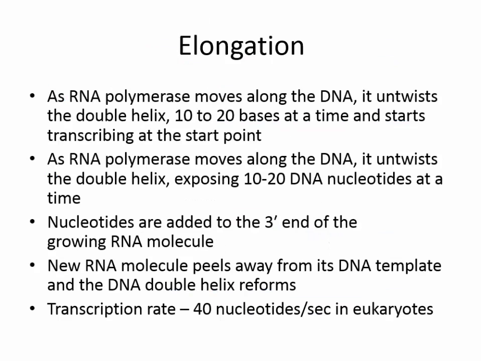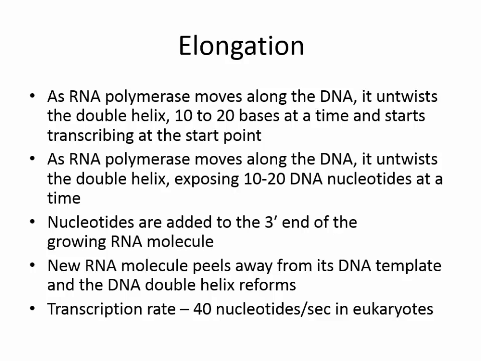As RNA polymerase moves along the DNA, it untwists the double helix 10 to 20 bases at a time and starts transcribing at the start point. It exposes 10 to 20 DNA nucleotides at a time.